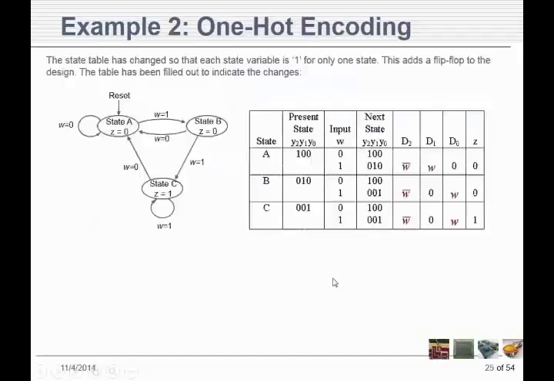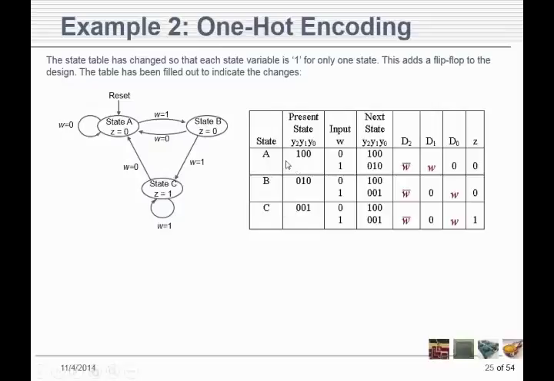Okay, one hot encoding. Let's go through this one. Maybe it would have been helpful if there were 4 like your project, but I've only got 3 states. So I've got 3 state variables. That means I've got 3 flip-flops. It's a Moore machine, because I've got the output associated with the states, not with the transitions.